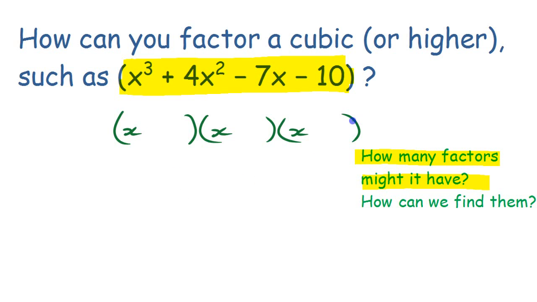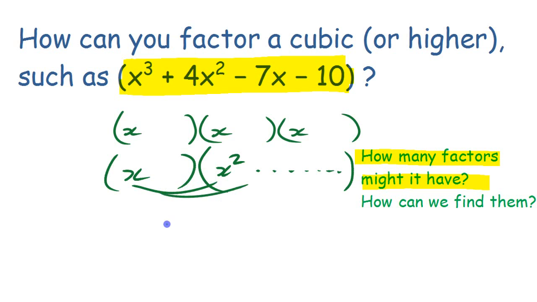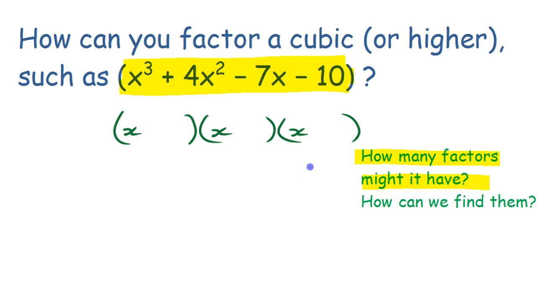You'd multiply, say, those 2 out to give you x squared something, and then you'd have to multiply this one out to get x cubed and the rest of it. So it's going to be hard to just do it by looking at it and seeing what those factors are by educated trial and error. So we're going to need something else to do this.